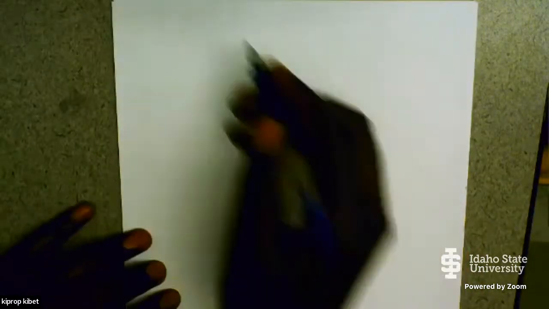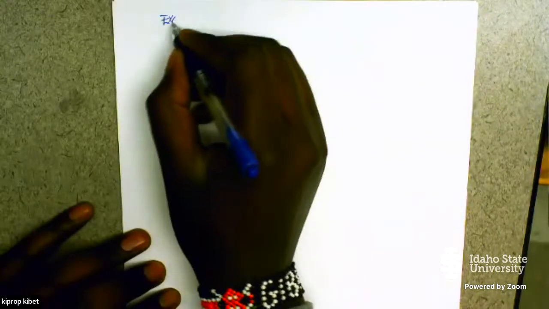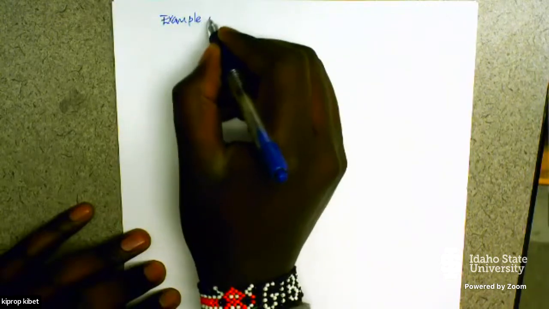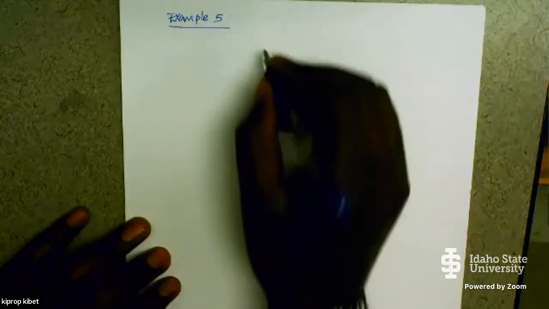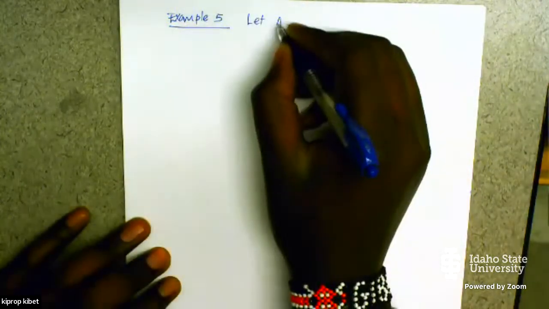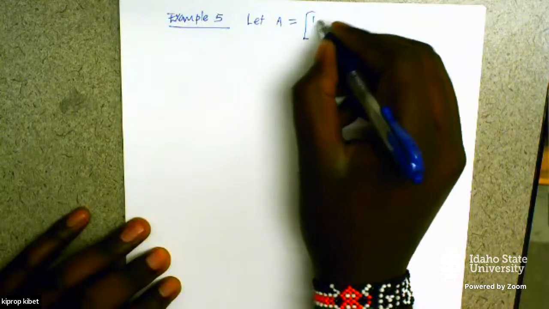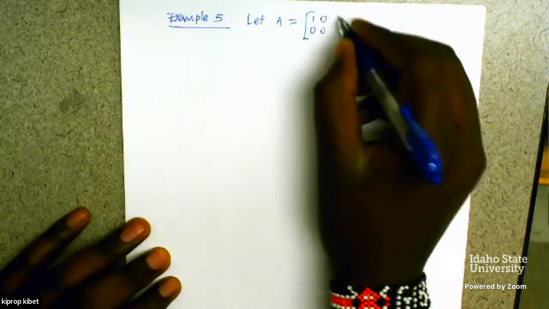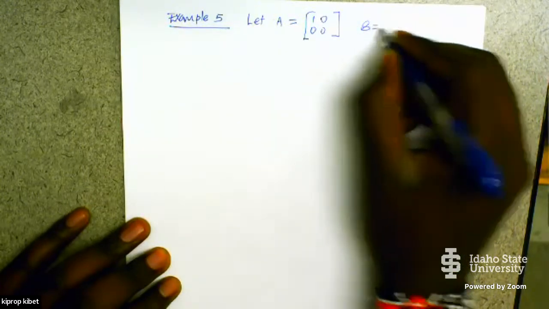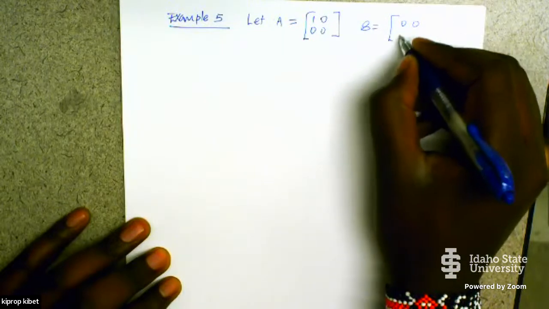So example number 5. Let A be equal to 1 0 0 0 and B equal to 0 0 0 1.